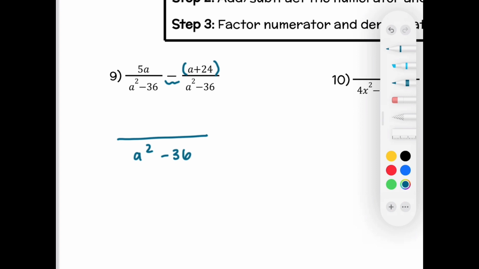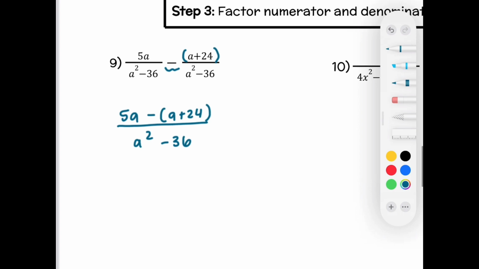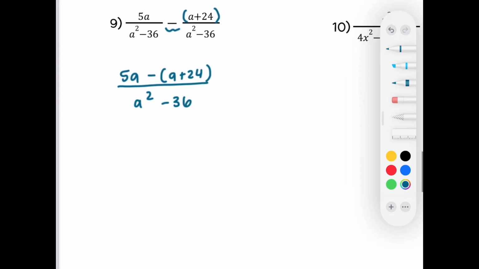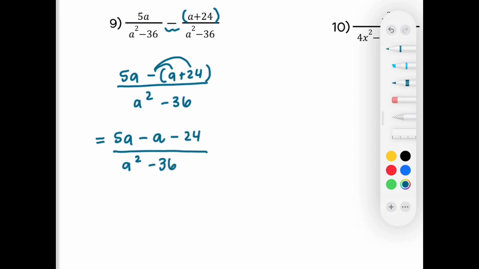They already are. So we're going to have 5a minus a plus 24 on the top. So it's helpful to write it as one fraction, and then we're going to distribute and then simplify. So we have 5a minus a, if we distribute that negative in, minus 24 over a squared minus 36.